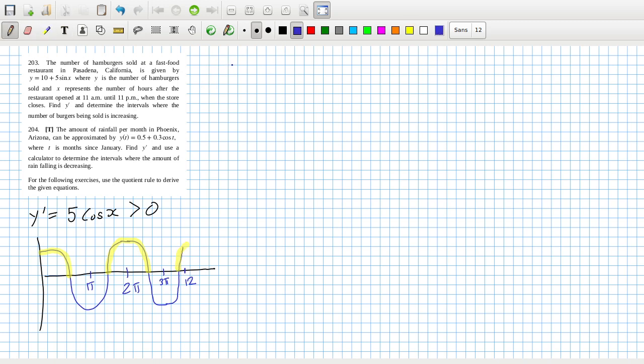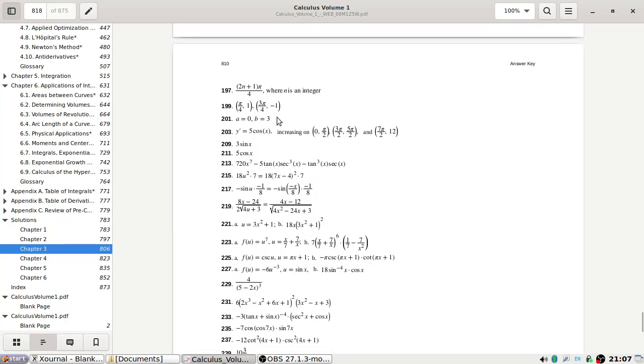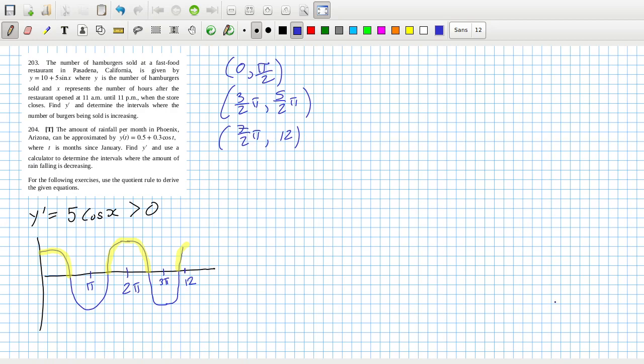So that's 0 to pi over 2, 3 over 2 pi to 5 over 2 pi, and then 7 over 2 pi, is it? To 12. I have the answers at the back. Yeah, that's it. Okay.